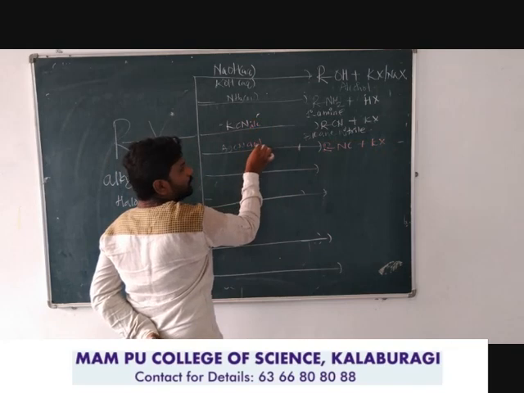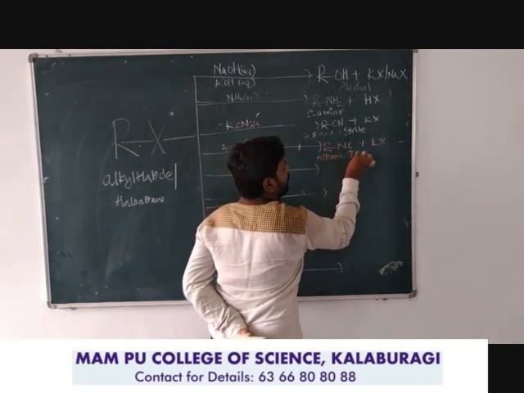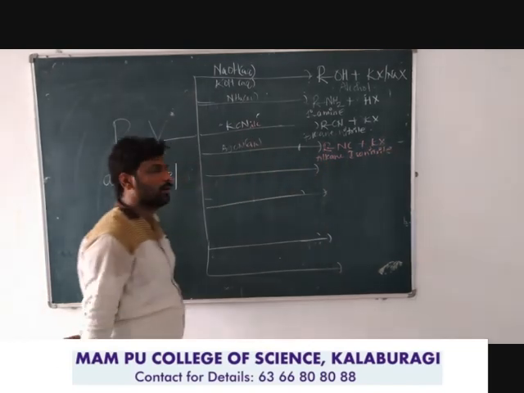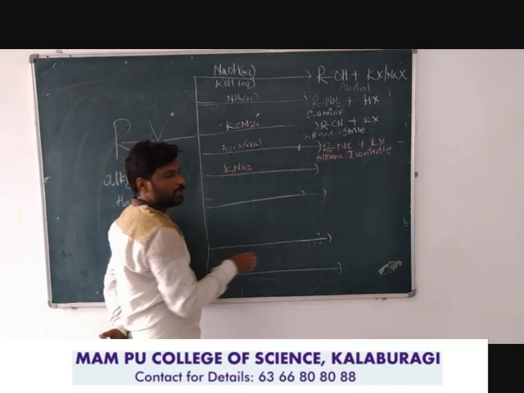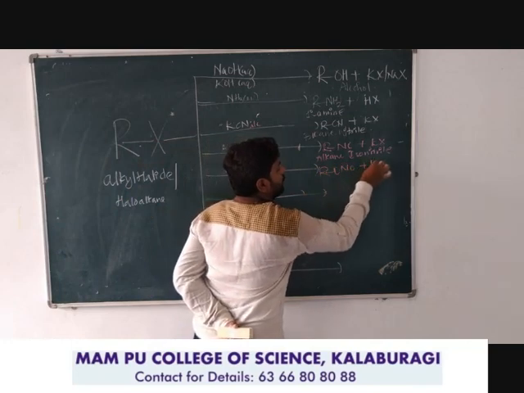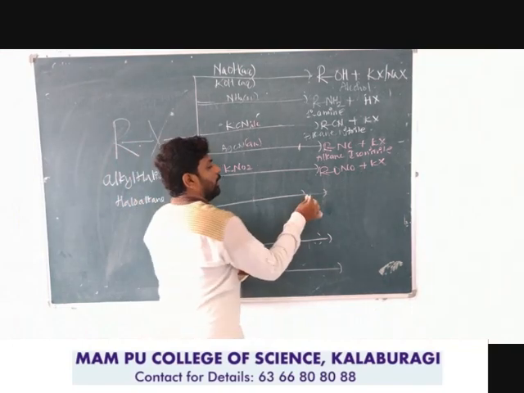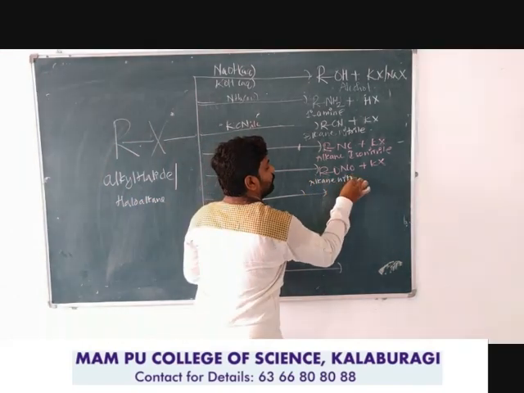This is also alcoholic. So the product name is alkane isonitrile. Next reagent is KNO2. The product is R-O-N=O and KX. The product name is alkyl nitrite.